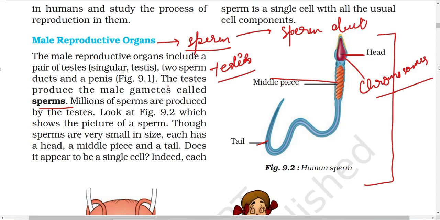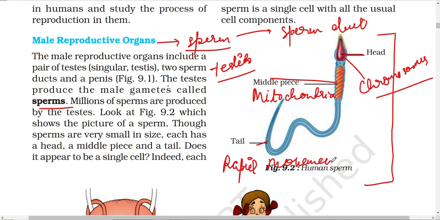The middle piece consists of mitochondria, which I also told in that video. I'll give the link of that video in the description box too. You can see that. Now, the tail of the sperm helps in rapid movement.